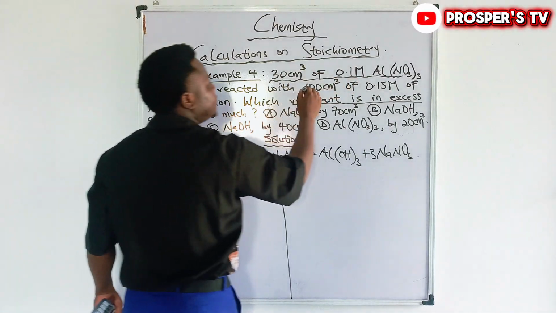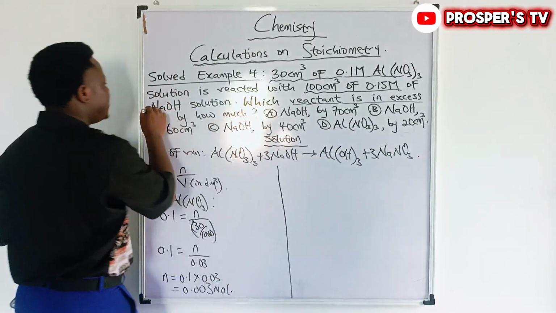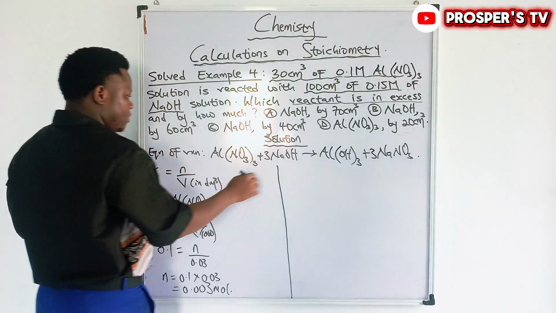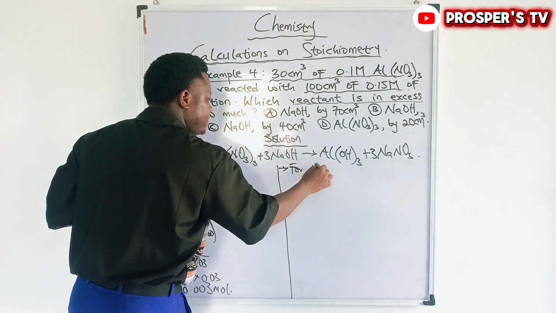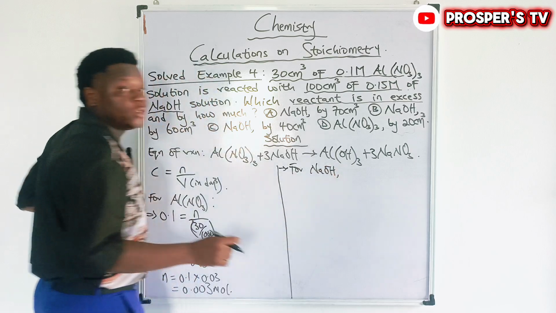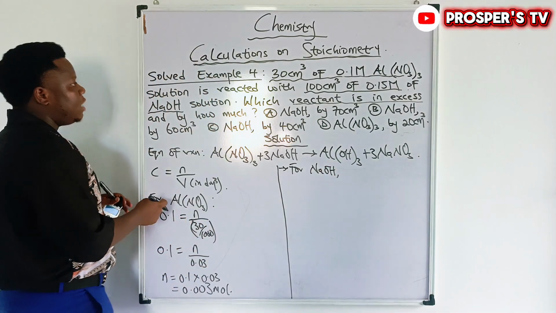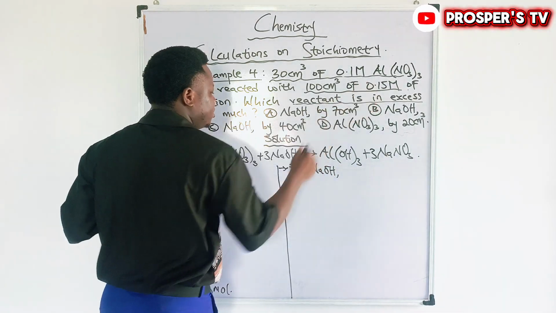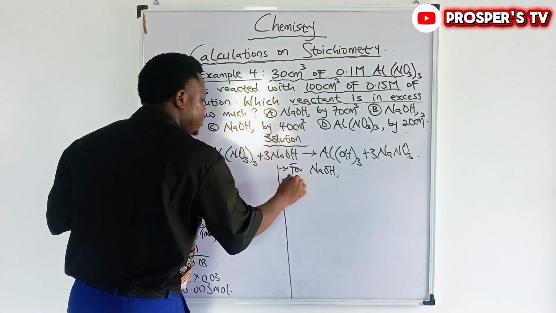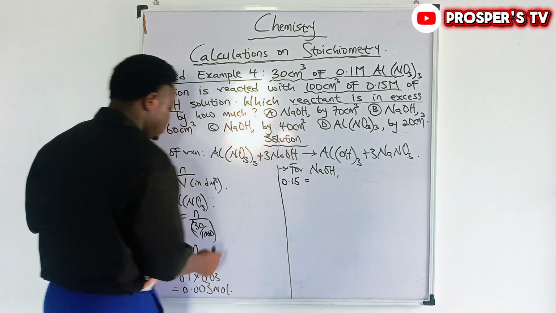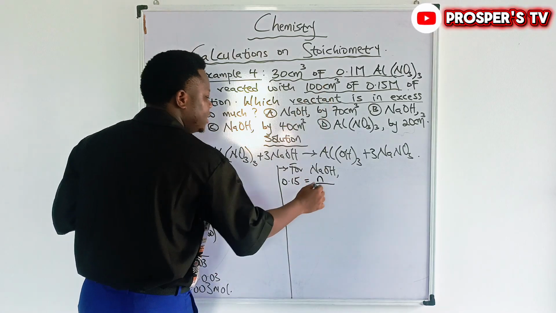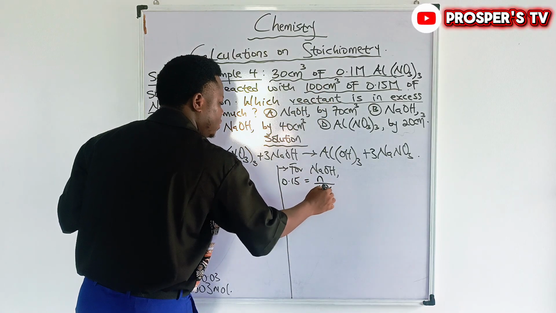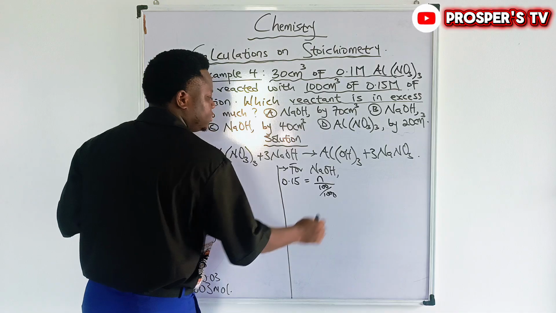So you've calculated the moles for this. You've done the same thing for your sodium hydroxide. So for sodium hydroxide, our concentration is 0.15. So it says 0.15 will be equal to the amount all divided by the volume is 100 cm cube. So you divide 100 by 1000.